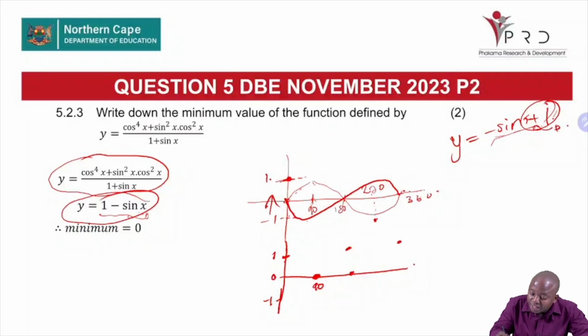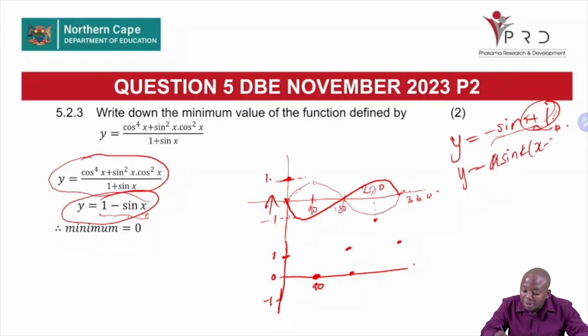So remember, this is the shift that is happening along the y-axis. Remember, y is equal to a sin k into x minus p, plus q, where our q in this case is our vertical shift. So that's why I'm shifting it up.